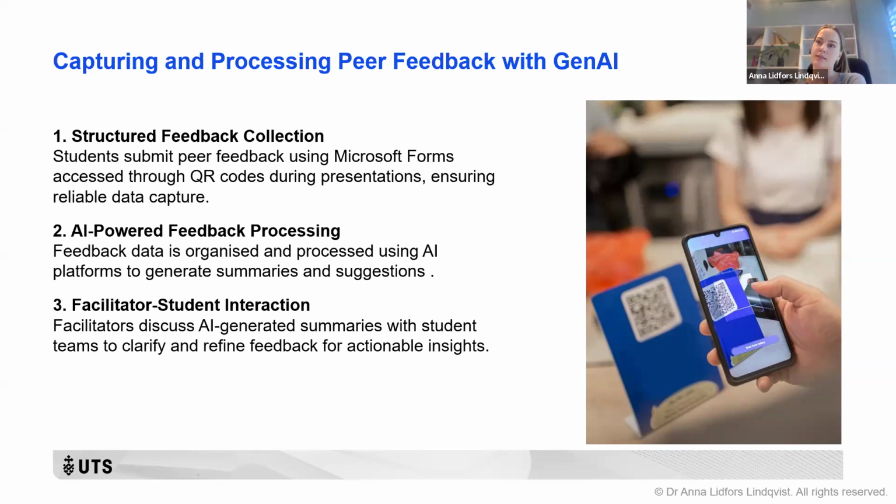It's a facilitator-student interaction, so they can first discuss the feedback process. We show the students the raw data, the prompt I'm going to give it, and the report that you get. Then we share the report with students and discuss where there might be some differences as well.